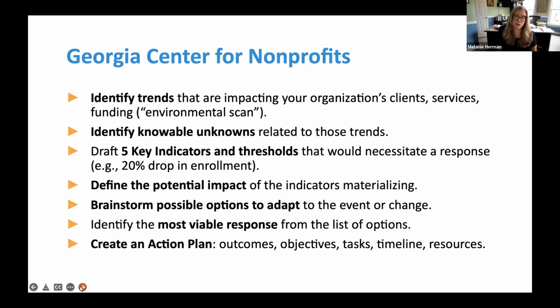If take-up of a certain service that we offer drops by 50% or more, we might have to eliminate that service or shutter that service, right? So 5 key indicators and thresholds. And again, they're encouraging us to think about trends that impact your organization in the area of client services and funding. They also ask us to define the potential impact of those indicators materializing, to think about options to adapt.